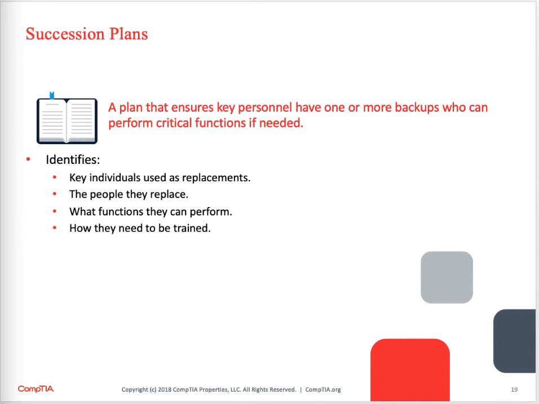And so they have a succession plan in the case of the president not being able to perform his duties, the vice president takes over. If the vice president can't do it, then either the speaker of the house or somebody else is going to do that, right? And so here we're going to identify our key individuals as replacements. We're going to identify the people that they're actually going to replace. We're also going to name what functions they're able to perform, and they also need to be trained to take over if they have to.